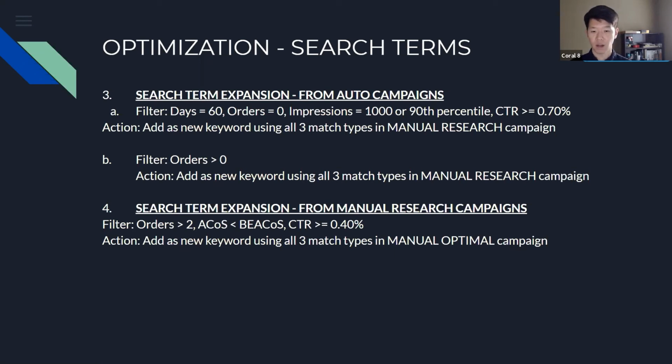This is where the manual optimal campaign plays a role. We want to add those search terms that were in the manual research campaign as new keywords using all 3 match types in the manual optimal campaign.